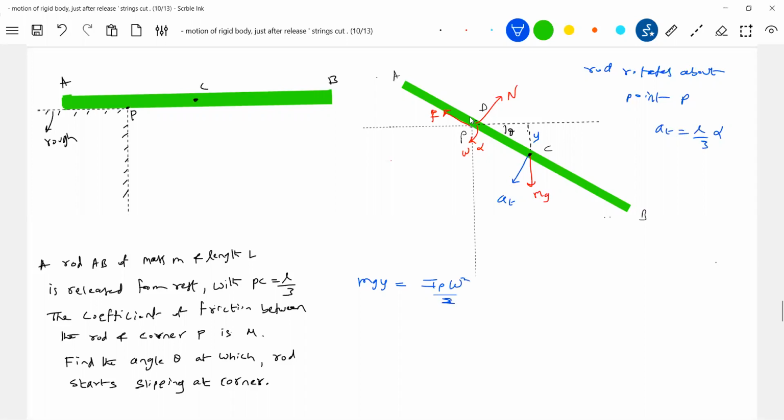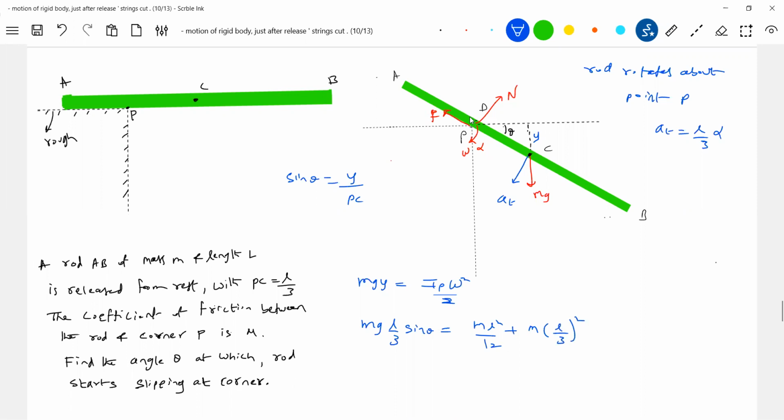This is conservation of mechanical energy. What should y be? Sine theta equals y by PC. PC is L by 3, so y will be L by 3 sine theta. What is the moment of inertia? mL squared by 12 plus m into L by 3 whole squared.